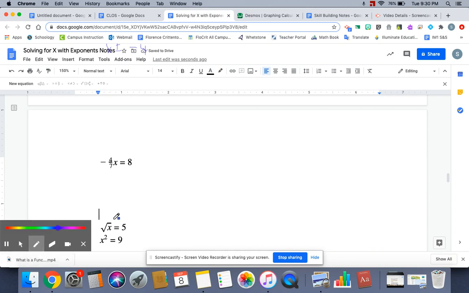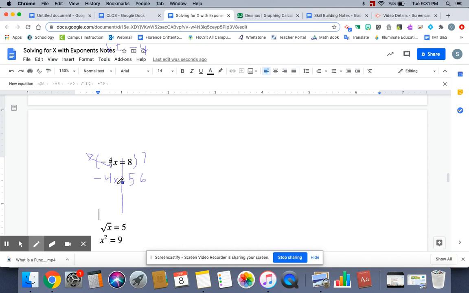When you have a fraction, remember fractions mean times by the top, divide by the bottom. So I'm going to start with the fact that it's dividing by 7. To undo dividing by 7, I have to multiply this side by 7, and I have to multiply this side by 7. Multiplying and dividing are inverses, so these two cancel. So I still have the negative 4 and the x. And then on the right, 8 times 7 is 56.